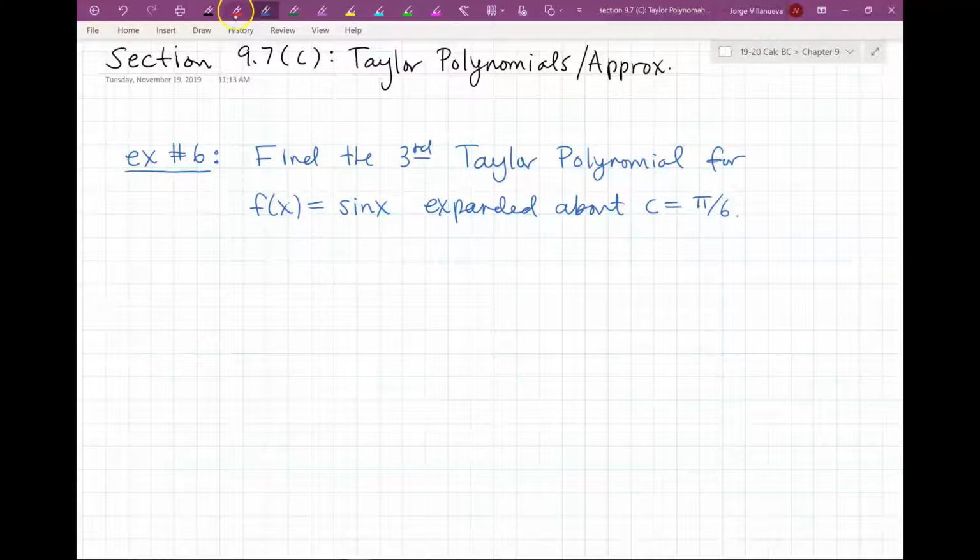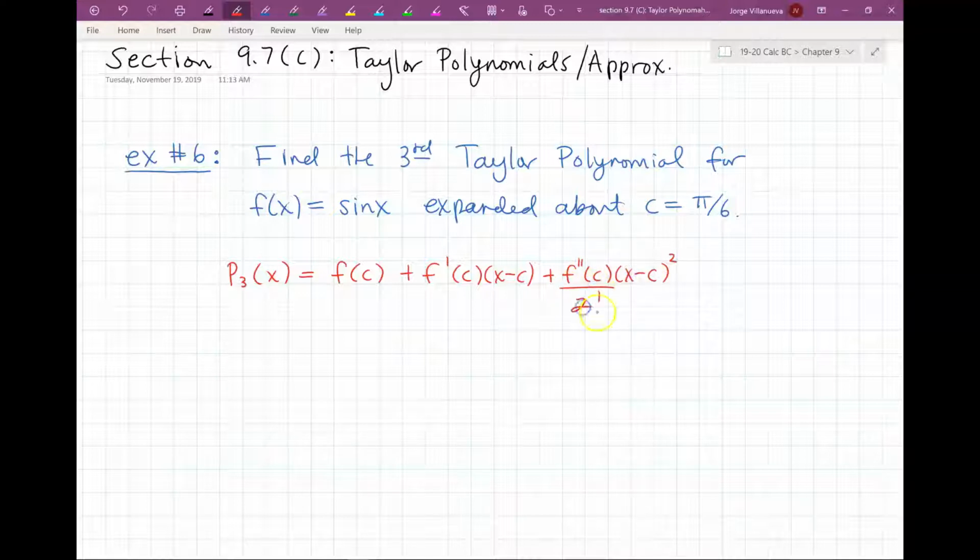So just to write this out, they want the third degree Taylor polynomial, so I'm going to write it out. f of c plus f prime of c times x minus c plus f double prime of c times x minus c squared over 2 factorial plus f triple prime of c times x minus c cubed over 3 factorial.